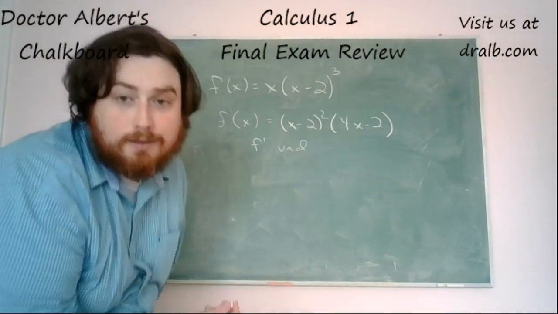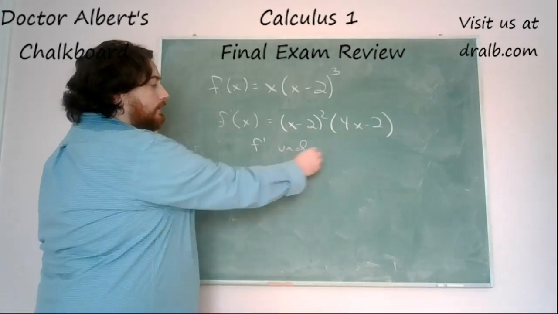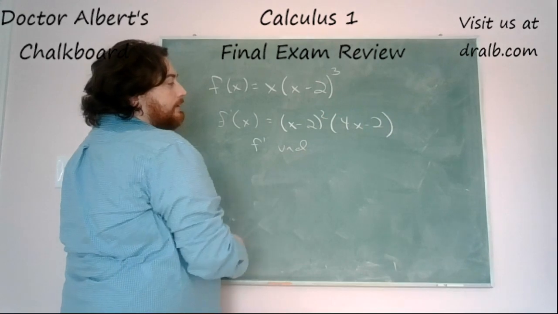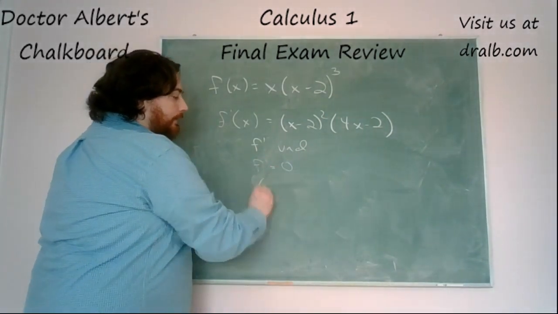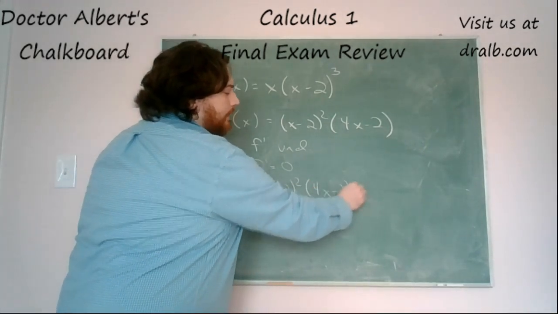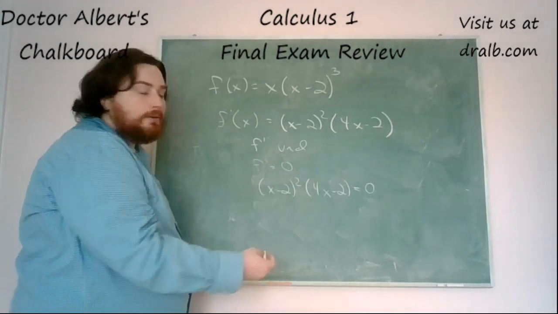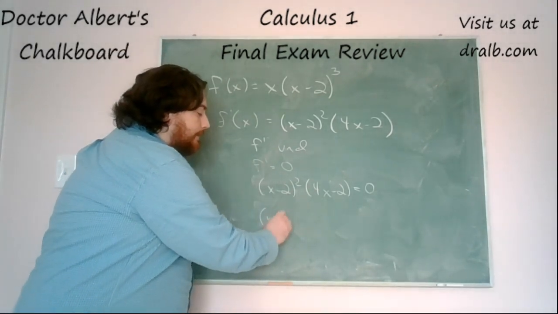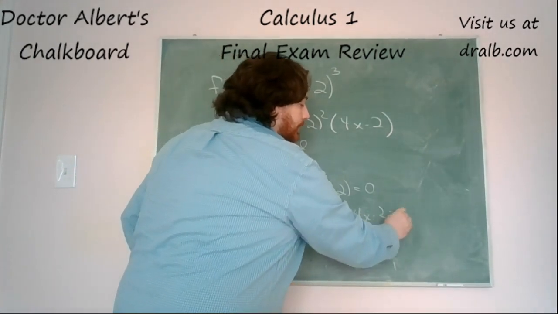Very good. And so where is it 0? Sorry, this is never undefined because it's a polynomial. Where is it 0? Well, this is 0 if (x minus 2) squared times (4x minus 2) is 0. But now our product is 0 if one of the terms is 0. So what I get is (x minus 2) squared is 0, or 4x minus 2 is 0.